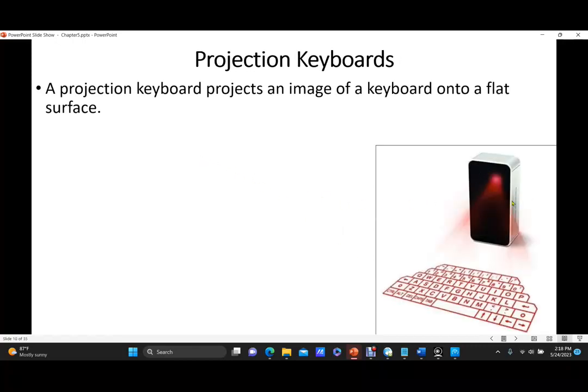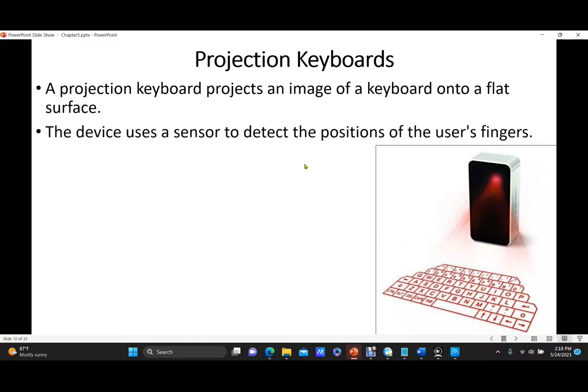Projection keyboards project an image of a keyboard onto a flat surface and use a sensor to detect the position of the user's fingers.